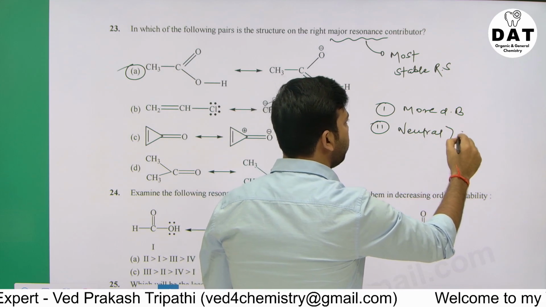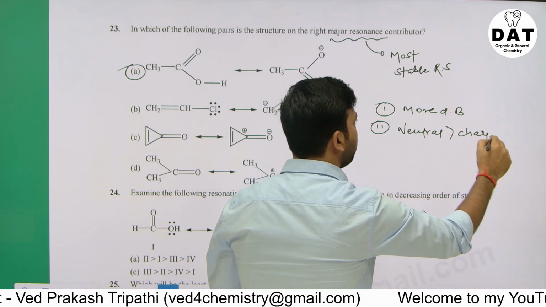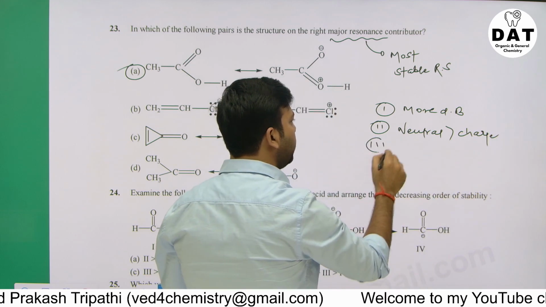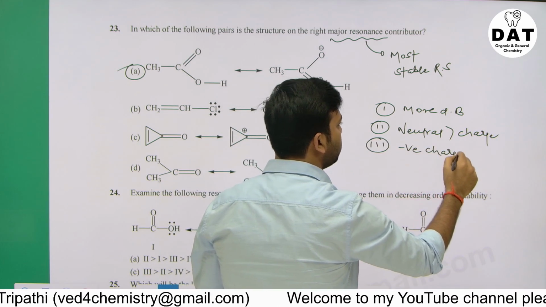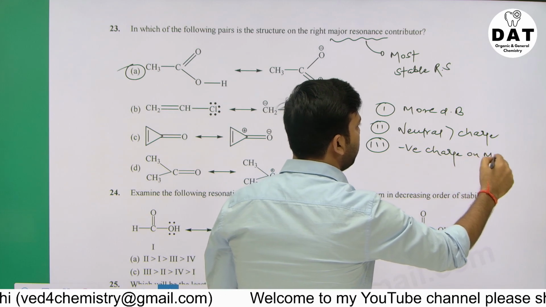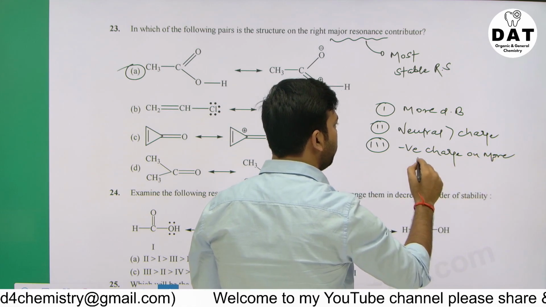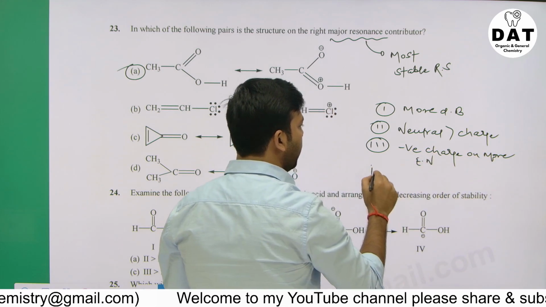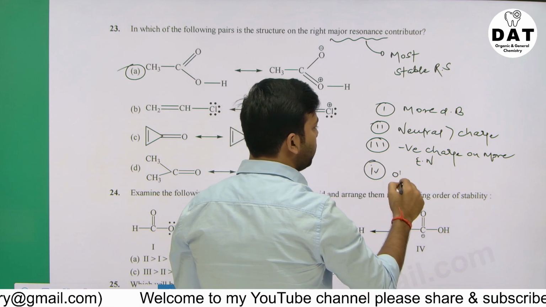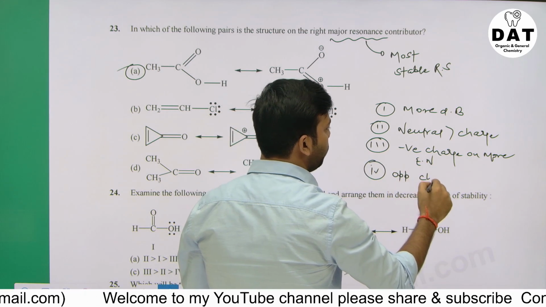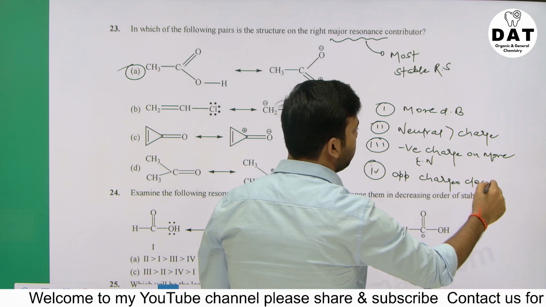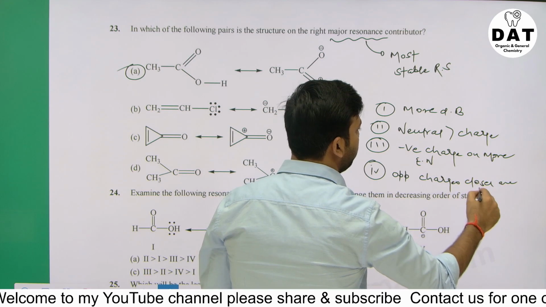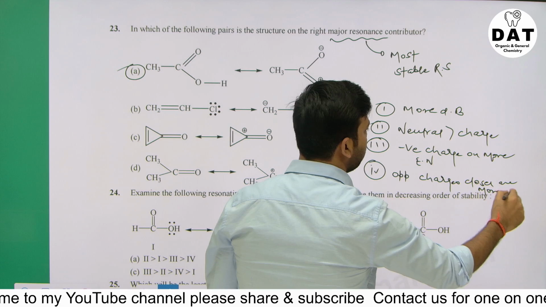Rule 3, I said that negative charge on more electronegative element is more stable. And the last rule is what? Opposite charges closer are more stable.